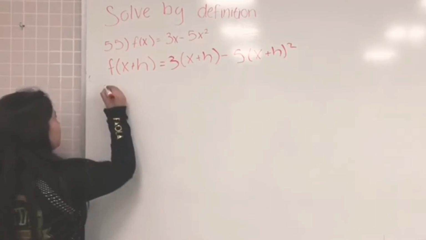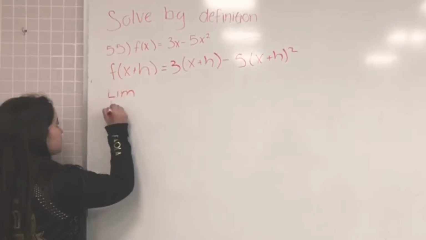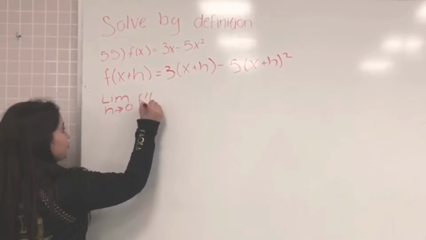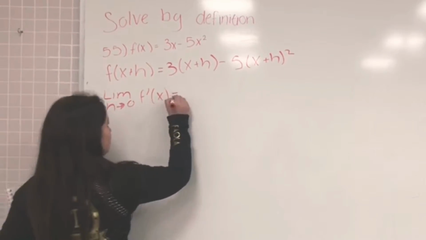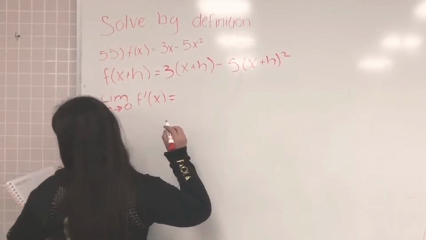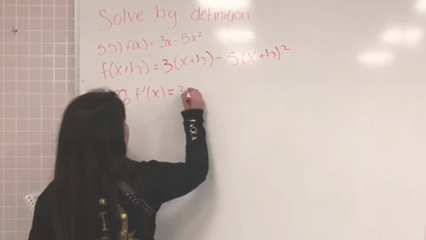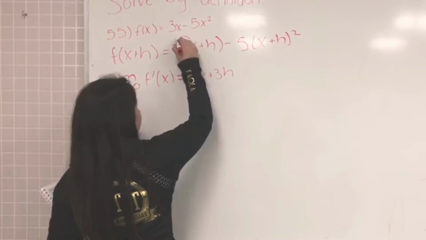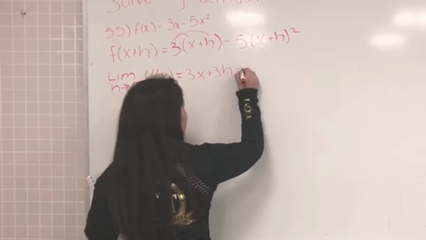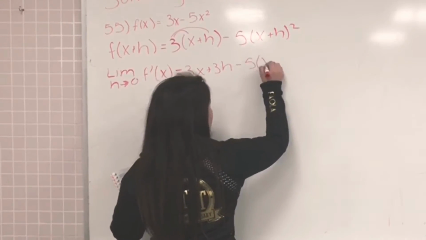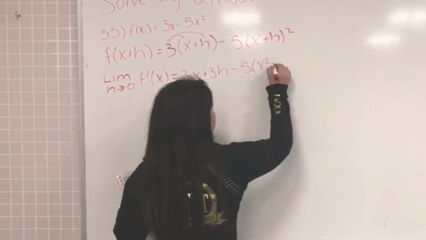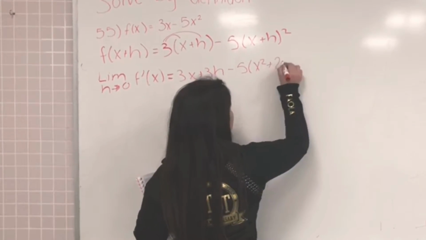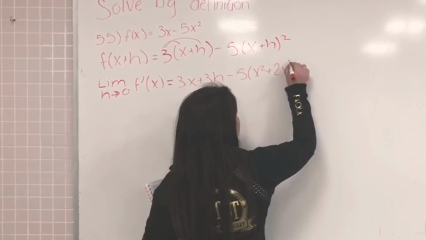Now we are going to add the limit as h tends to 0 of f prime of x, because we are doing the derivative. It's going to be 3x plus 3h, because we're multiplying this times this and this times this, minus 5, and we're going to use the binomial rule, that is a squared plus 2 times a times b plus b squared.